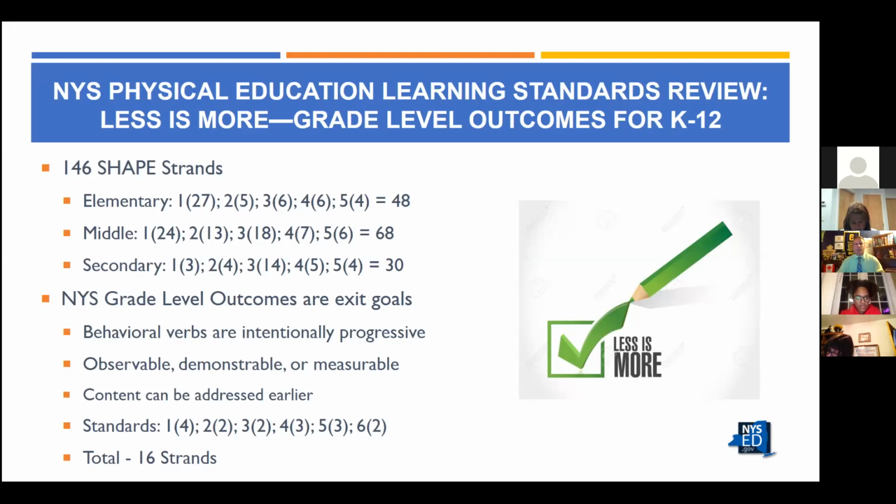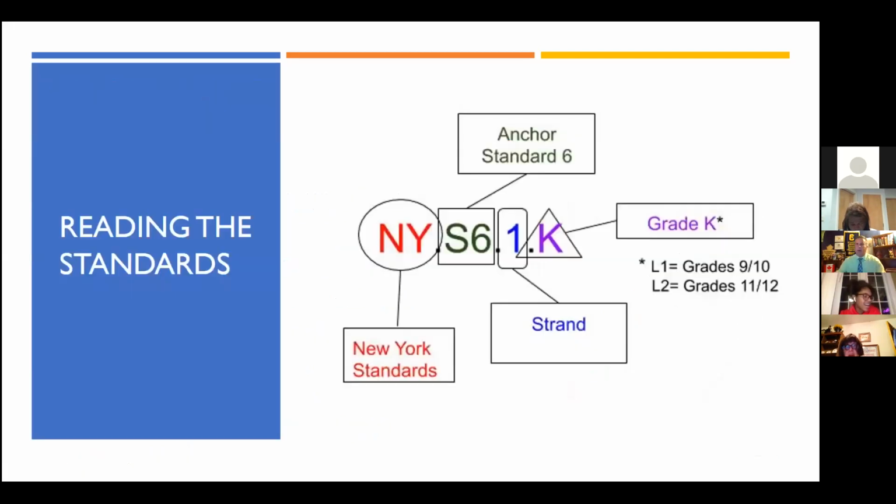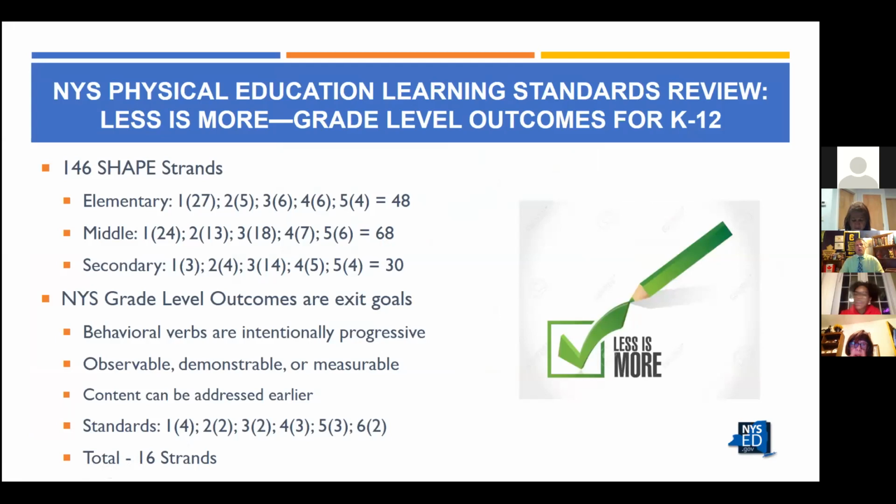And so we went with the idea of no more than 4 content strands per standard. So back to that question, what's the maximum number here and what's the minimum number here? 1 through 4, that's the answer. So we felt a less is more approach. That means 16 content strands altogether, which translate to between 70 to 80 plus GLOs, which we thought was more manageable and more reasonable for PE practitioners.